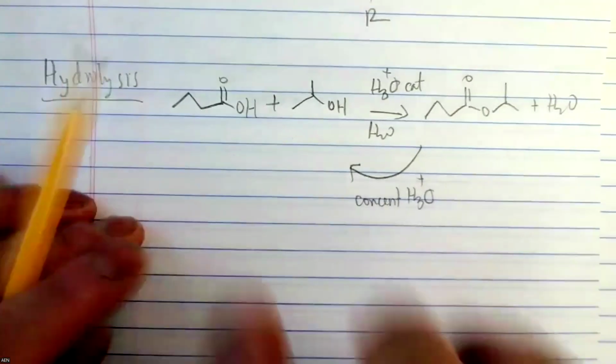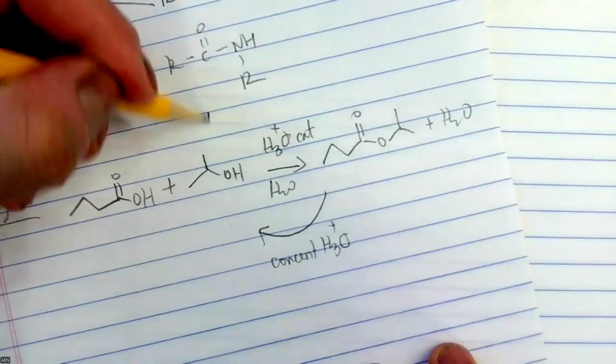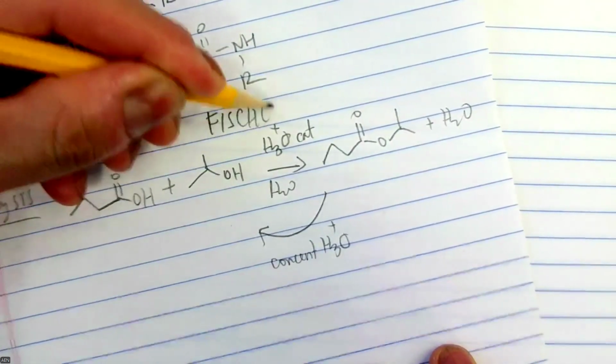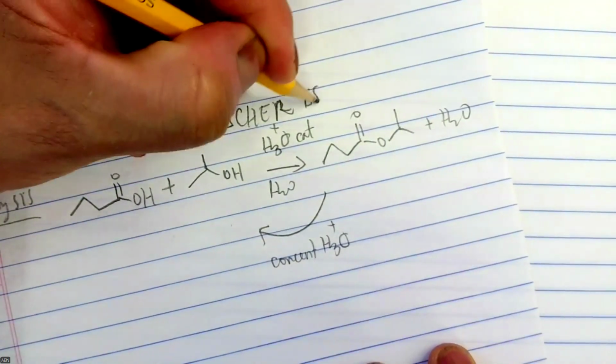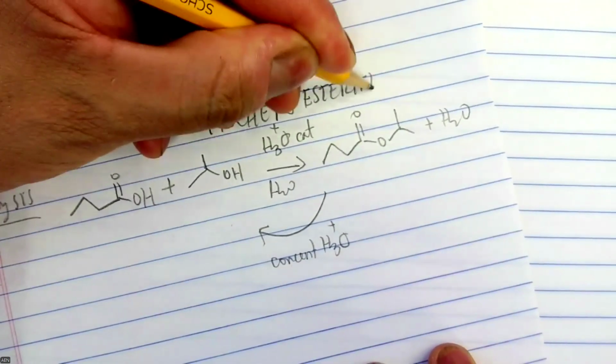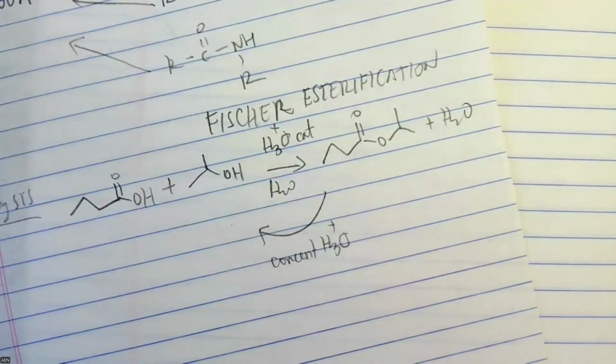Now, since it's so popular to make esters, they call it the Fischer esterification. Let me check it out for a minute. It is with a SC, Fischer, because that's the one that is always debated. I'll have to double check.